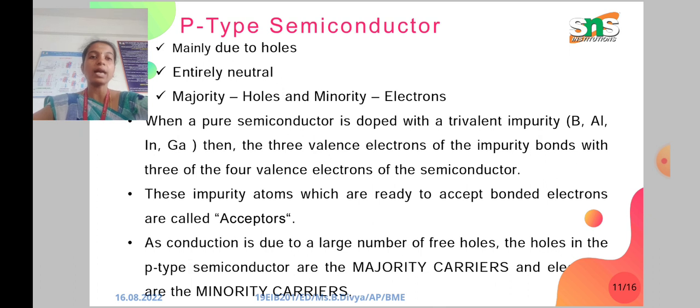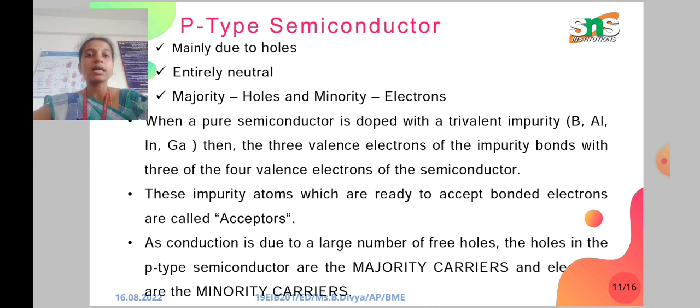These impurity atoms, which are ready to accept bonded electrons, are called acceptors. This p-type semiconductor material is also called an acceptor semiconductor.